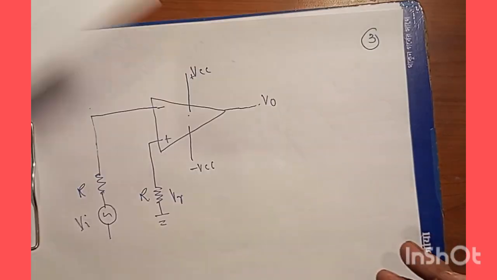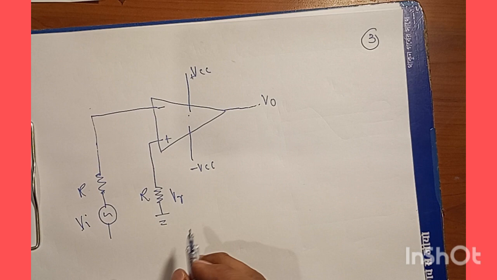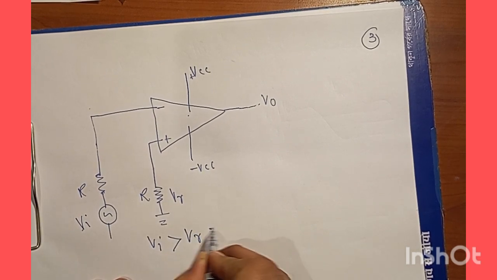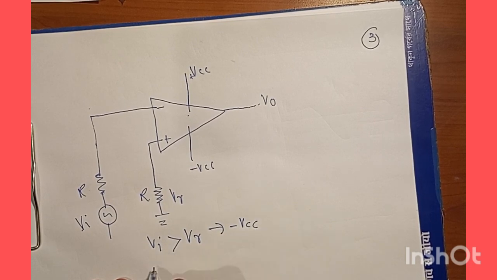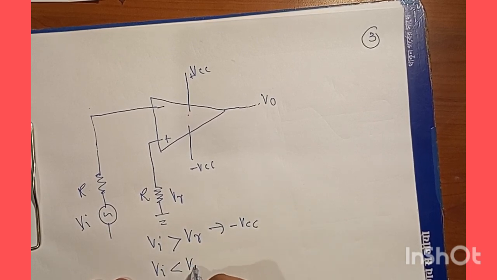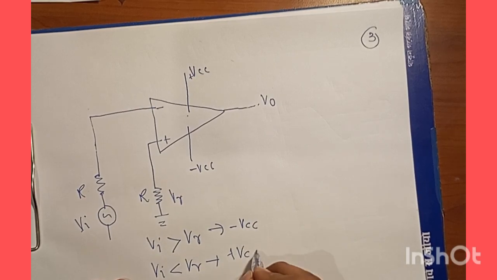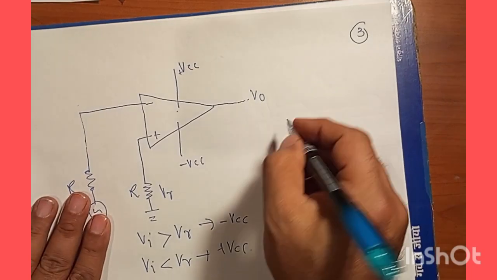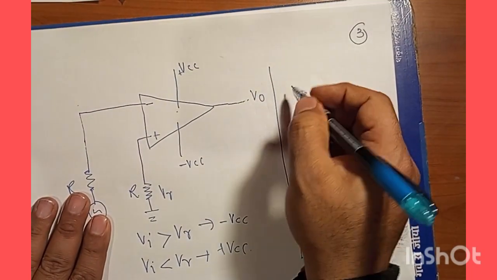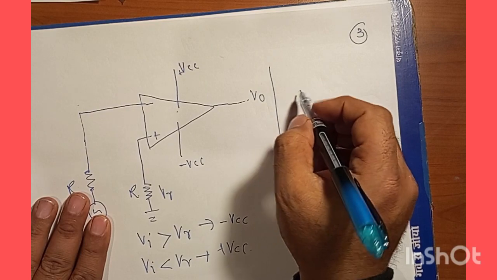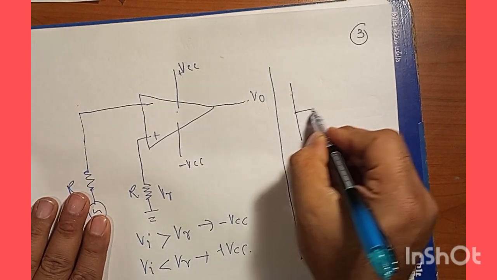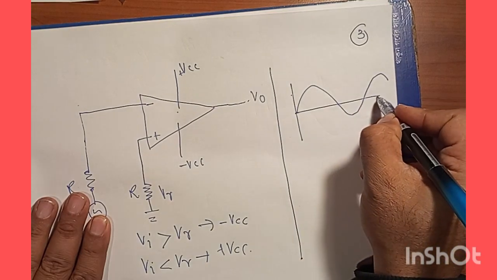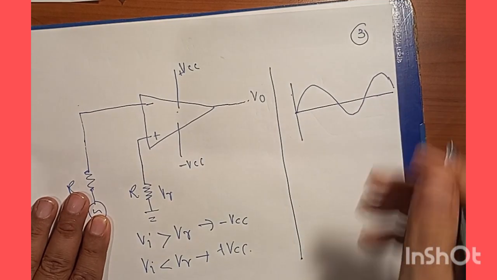So I can go for similar analysis here, and if I say VI is greater than VR, I will have minus VCC output here. If I say VI is less than VR, here I will have plus VCC. And if I do the same kind of analysis as I did in the previous case, what will I expect is this is my signal part, right?